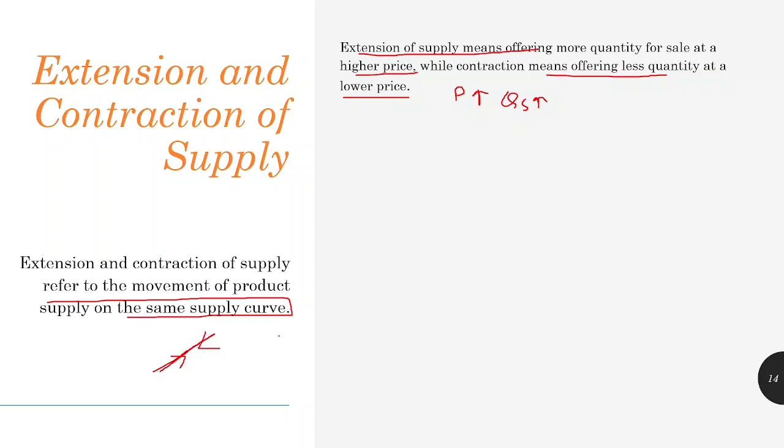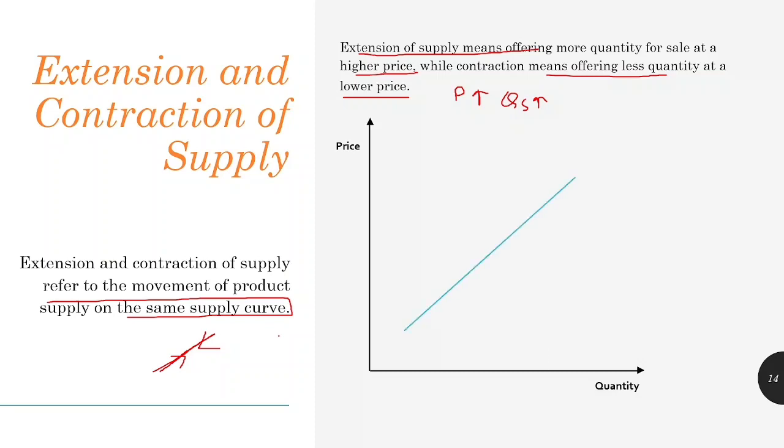So graphically we can see this. Price on y-axis, quantity on x-axis. Now this is a supply curve. Suppose the original price was P and the quantity was Q. Now the price increased to P2, so the quantity increased to Q2.